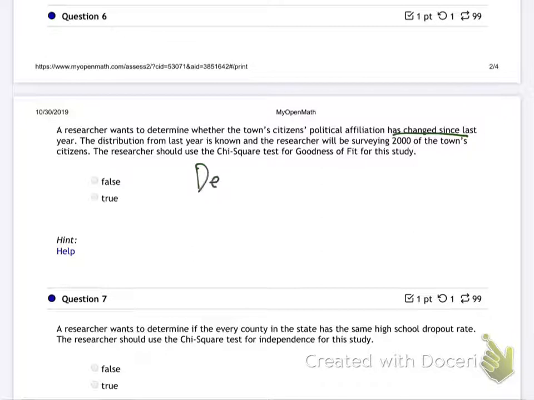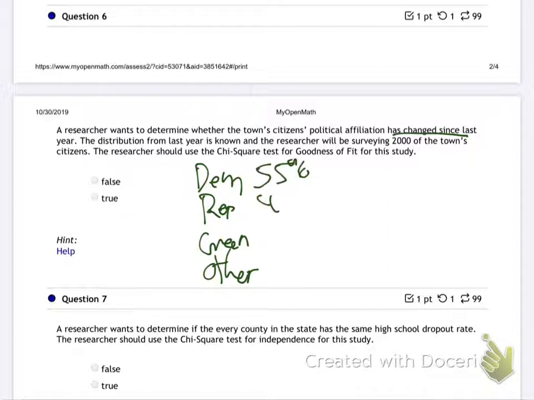Like how many are Democrat, Republican, Green Party, other. So they have some kind of percentages, right? Maybe 55%, 44%, 1%. I don't think those add up. I messed up. Whatever. 54.